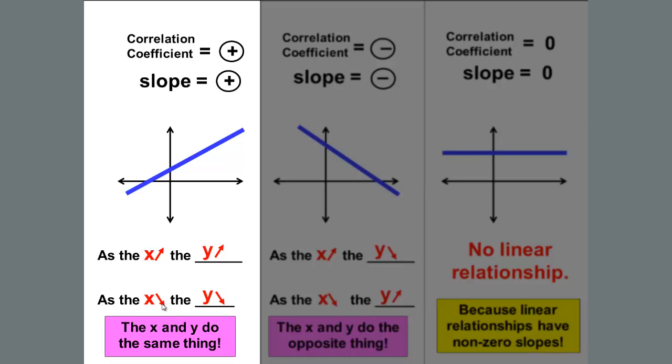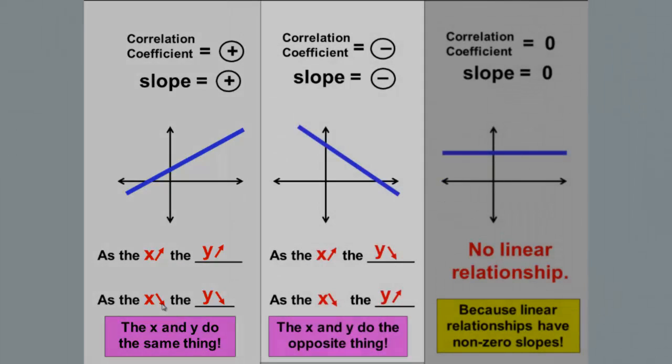As the x decreases, the y would decrease. The x and the y do the same thing. X and y agree, so if everybody agrees, it's a positive mood. So they're doing the same thing, we have a positive mood. That last is a way I keep it remembered. It's not a mathematical explanation.